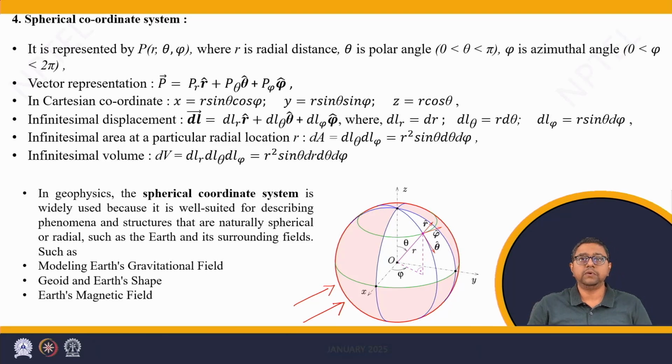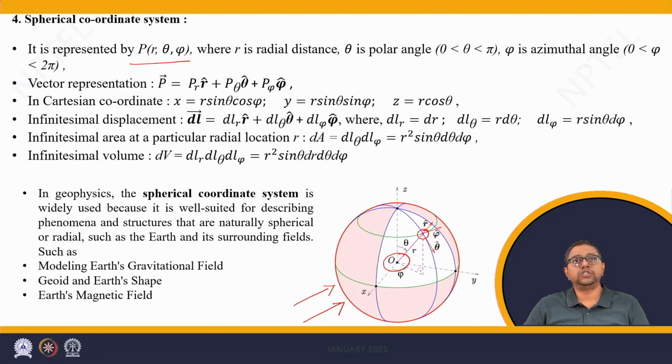This diagram shows the origin O. Any point is represented by three quantities. The point P has the coordinates r, theta, and phi, where r is the radial distance, theta is the polar angle, and phi is the azimuth angle.